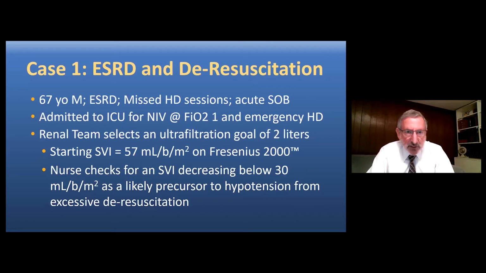I see so many patients who have end-stage renal disease. This one, a 67-year-old, has missed the HD session or sessions, is acutely short of breath from fluid overload, and was admitted to get NIV BiPAP at FiO2 of 1 before the emergency hemodialysis could be started.